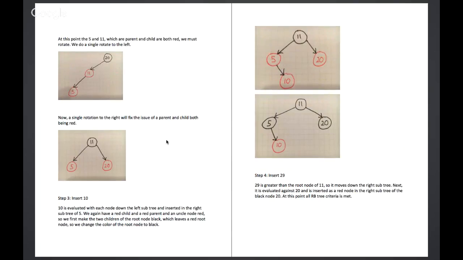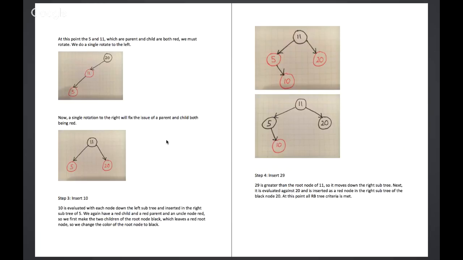At this point, like I said on the last slide and say again in the text, the parent and the child are both red. So we do what is called a rotation, a single rotation to the left. 5 moves down to the left, 11 moves up, and we still have the same issue we had a minute ago, a parent and a child both red.